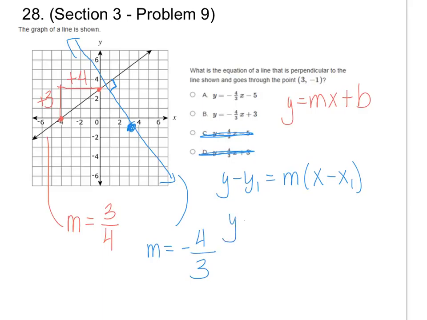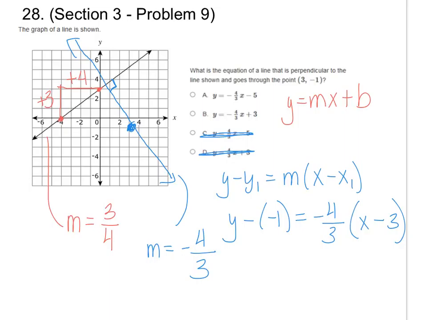So I get y minus negative 1 equals negative 4/3 times x minus 3. This is point-slope form, and all the choices are in slope-intercept form, so I need to simplify.